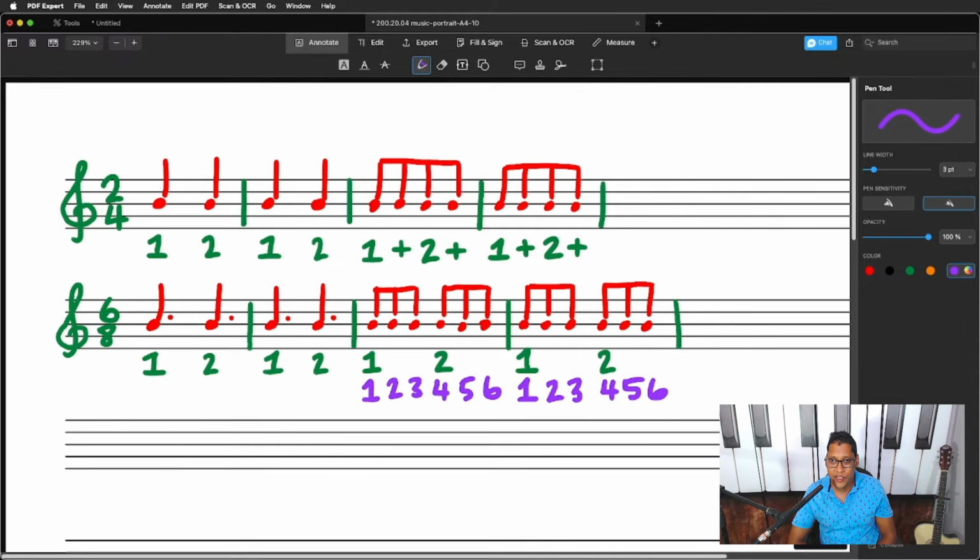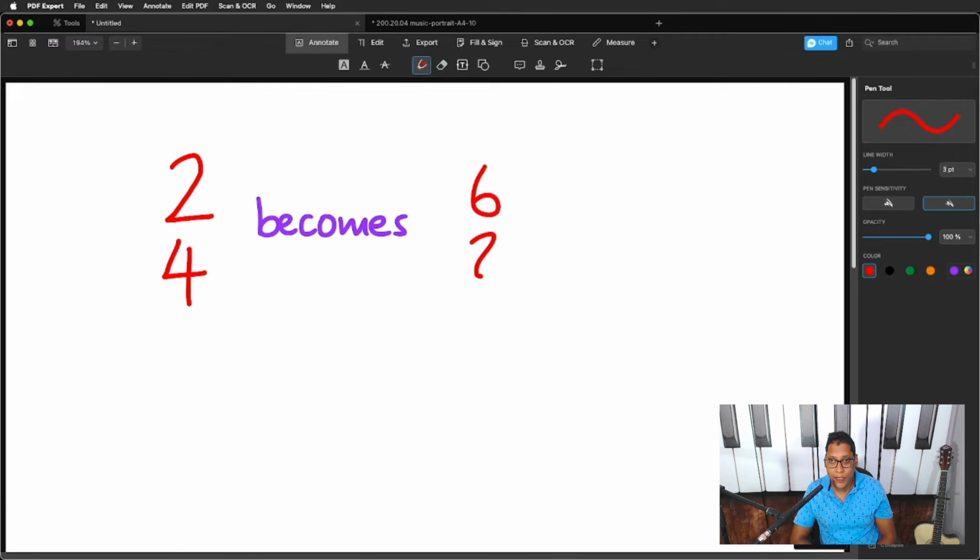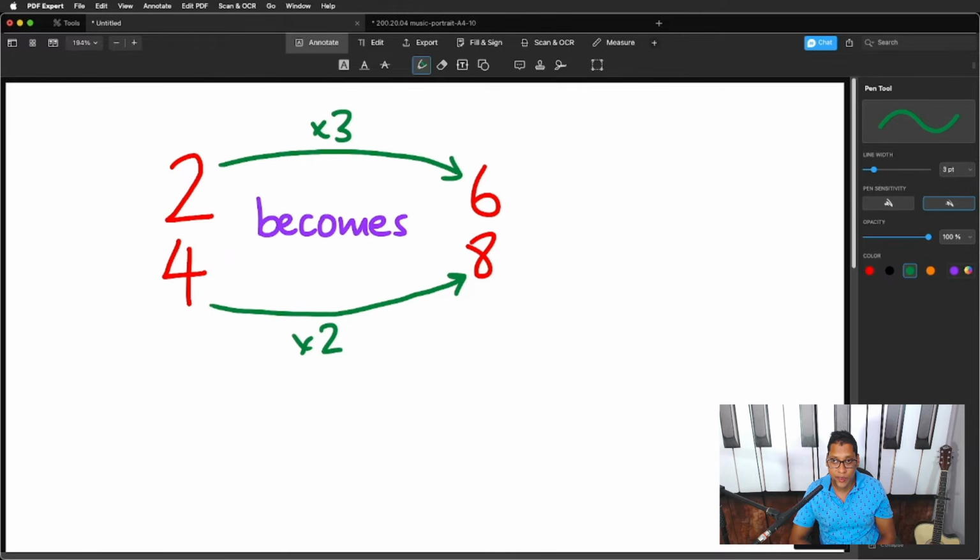So for the time signature of 6/8, we would count 1, 2, 3, 4, 5, 6, 1, 2, 3, 4, 5, 6. To convert between simple and compound time signatures, the top number of the time signature multiplies by 3 and the bottom number multiplies by 2. For example, 2/4 becomes 6/8 because 2 times 3 equals 6 and 4 times 2 equals 8.